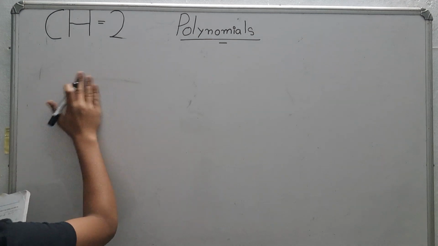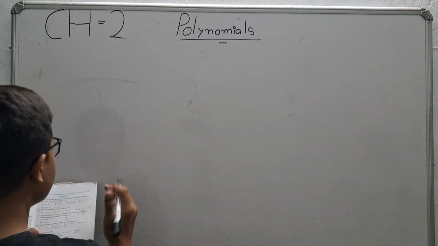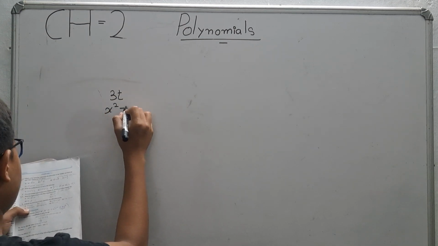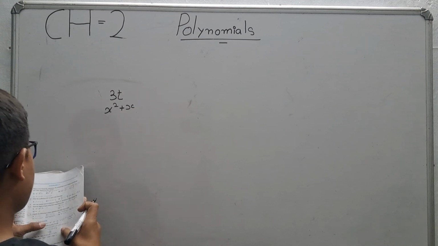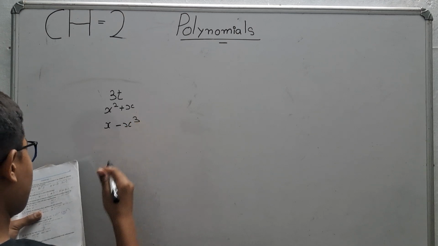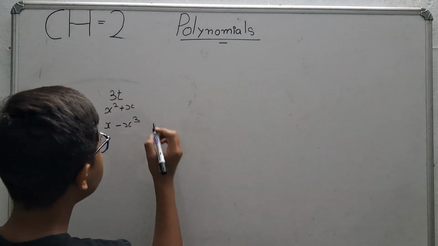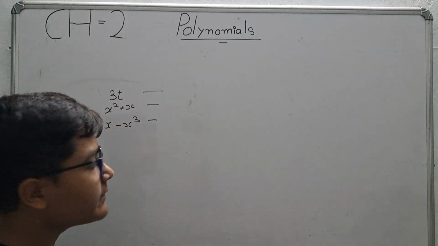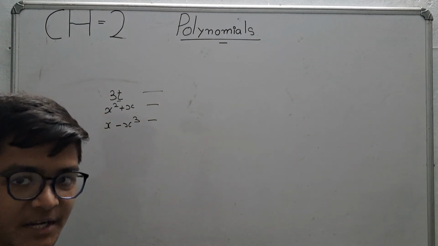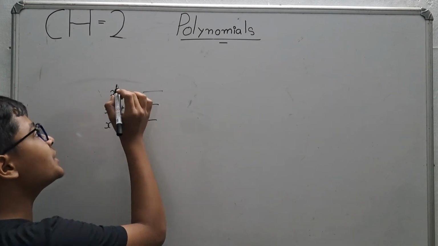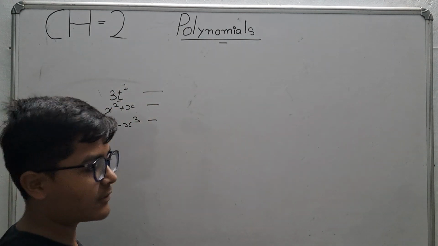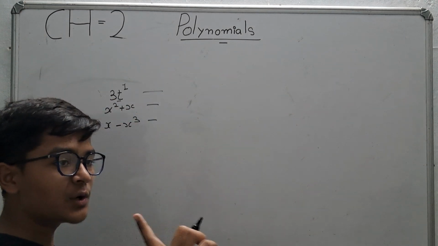First of all, I give you one idea. In the equation you can find that only the coefficient and the variable are present. If there is no power written, it means the power will be 1. The power will always be 1 if nothing is written.